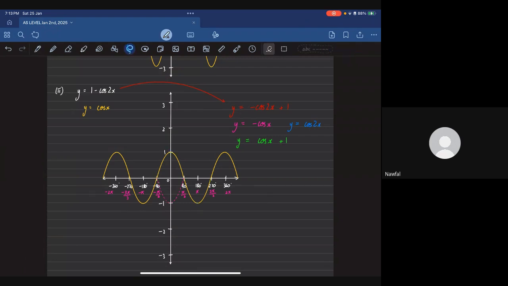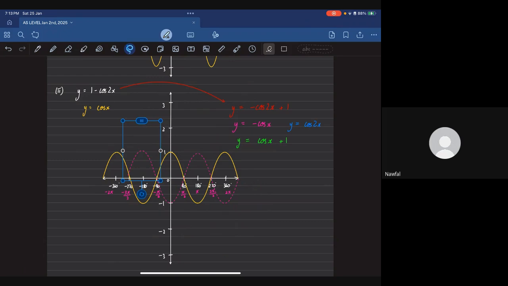The pink line is showing how the graph would have looked if it were only being reflected.